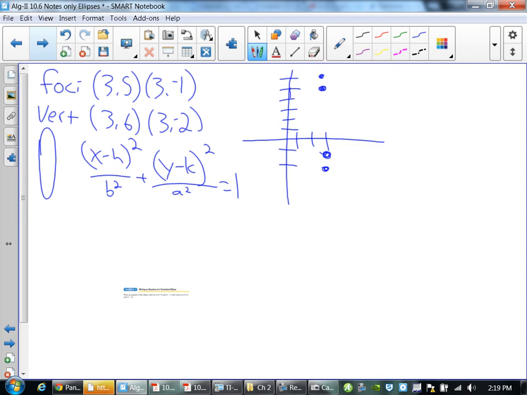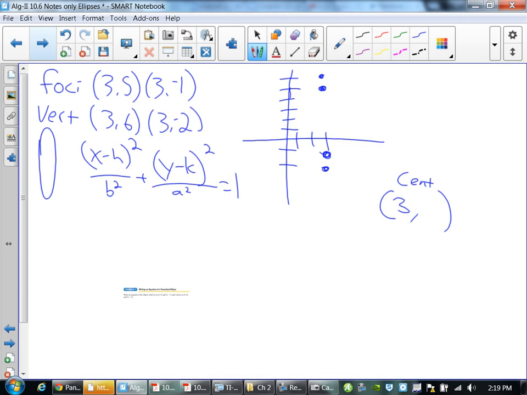I know for dead certain one of the coordinates of my center. Which one do I know? 3. Good. I know my center is going to be at (3, something). The center is the midpoint of either the foci or the vertices, or even the co-vertices.